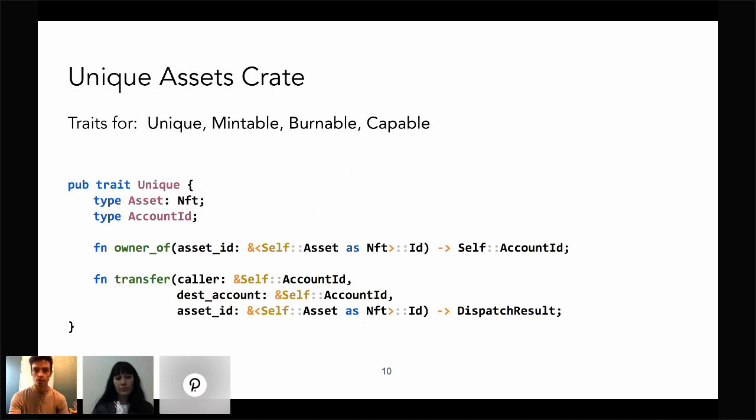You can see there's a transfer method, and it tries to universally encapsulate the idea of what a transfer is. A transfer is something from a caller to a destination account, and it's transferring an asset that's referenced by its ID. Interestingly, in the Centrifuge use case, and also as a common design pattern for NFTs, an NFT is stored inside of a collection.